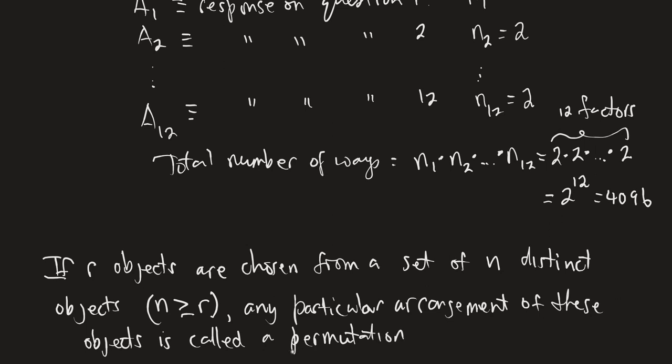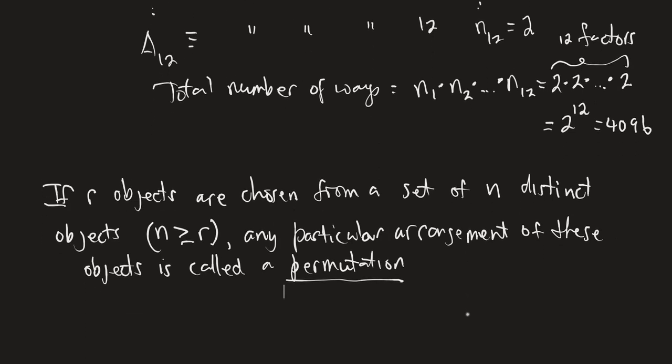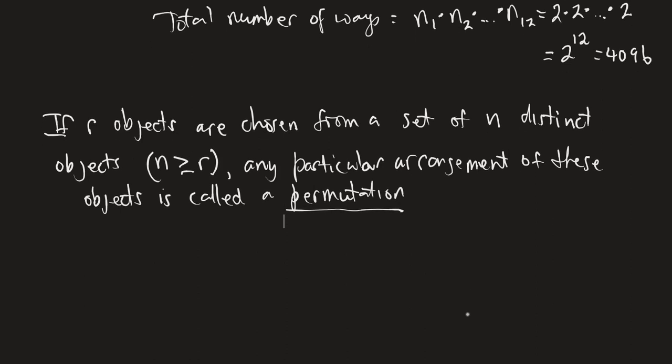Right, so the word permutation and the word arrangement can be used kind of interchangeably. To give you an idea, let's say your universe here would be the digits 1, 2, 3, 4, 5, 6, let's just say 7.